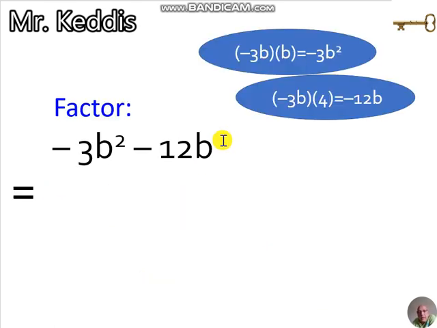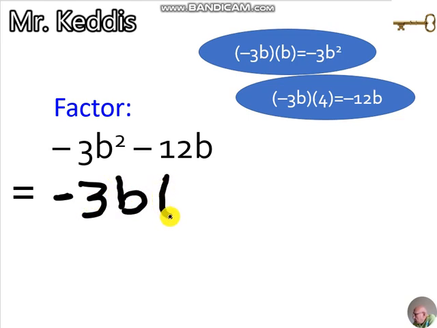I have negative 3b squared minus 12b. I take negative 3, and you have b squared or b to the power of 1. I take b as a common factor, times, I write b here, because negative 3b times b, I get negative 3b squared. But negative times what to get negative here?